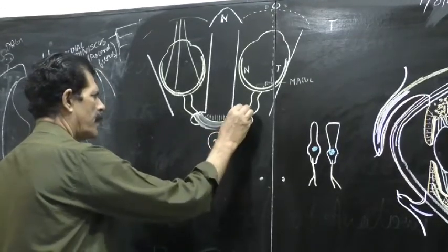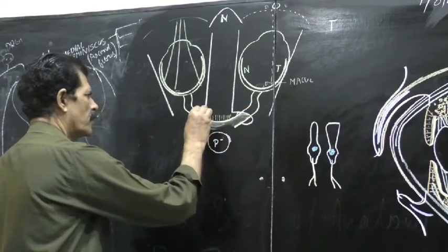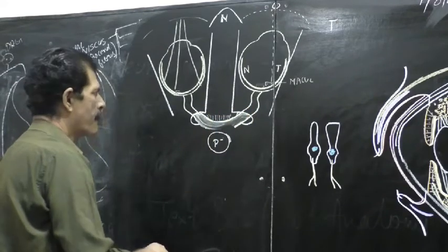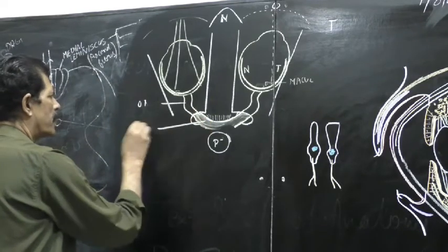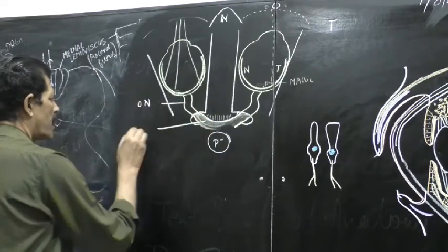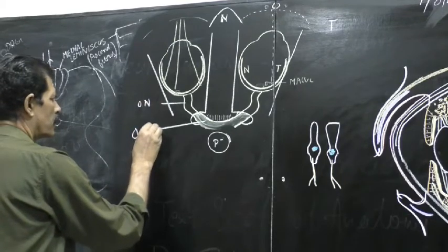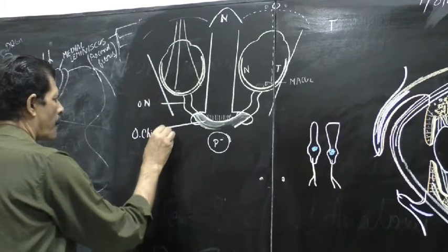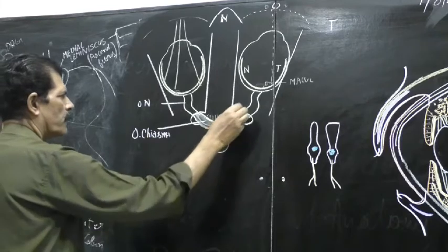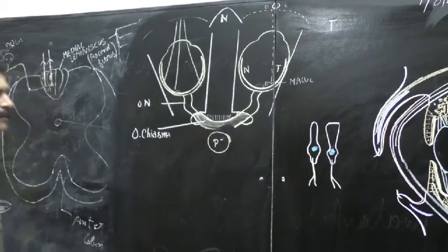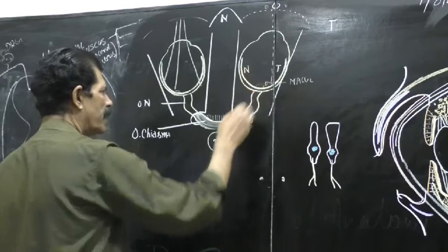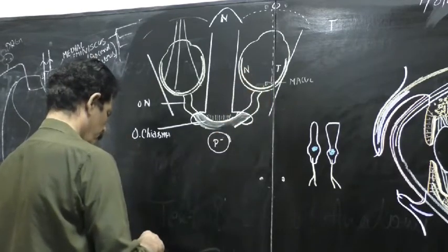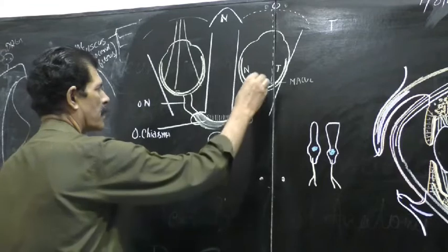And when the right and left optic nerves meet, they form the optic chiasma. This is the optic nerve and this is the optic chiasma. So here the fibers cross. Only the medial or nasal fibers cross.